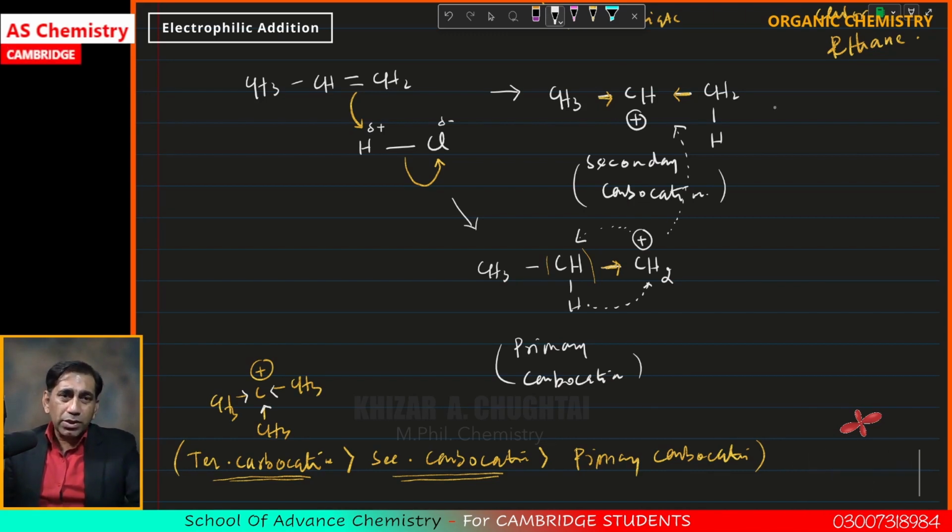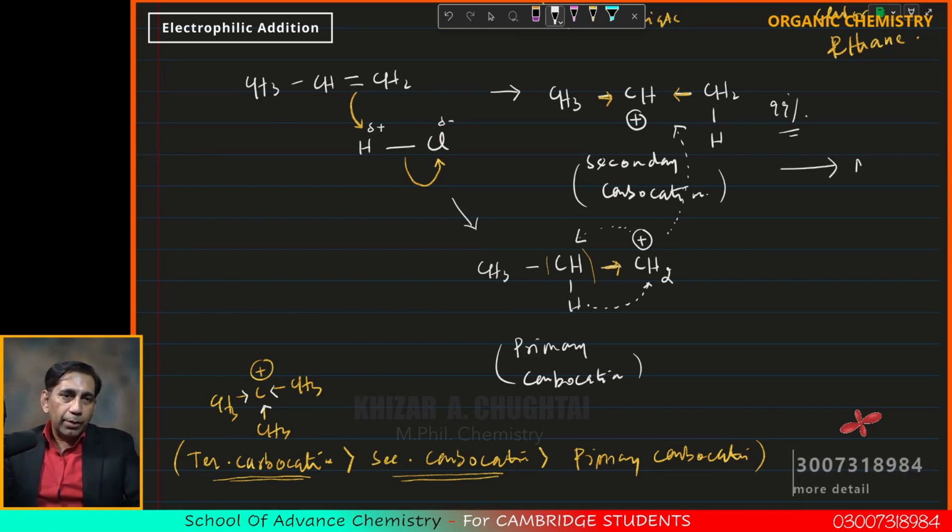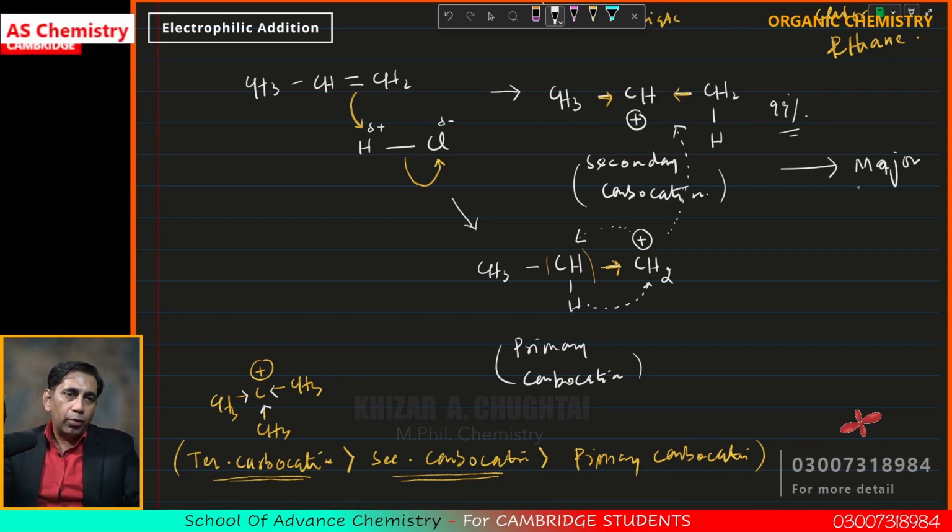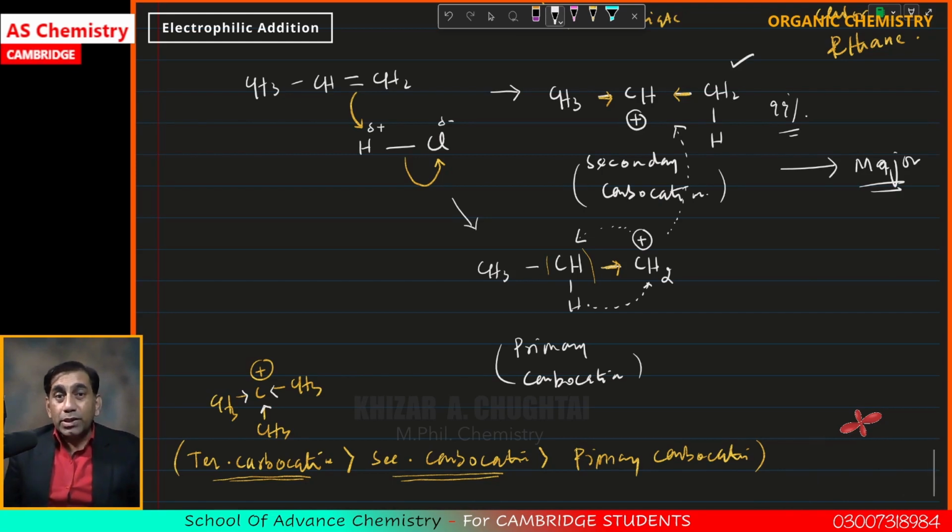So almost 99% of the population in your reaction mixture, in your vessel, in your test tube, will be the secondary carbocation. So the next thing is that the major product will be formed with respect to the secondary carbocation, because there is a larger population of secondary carbocation, so definitely it will go into the next step. What is the next step?